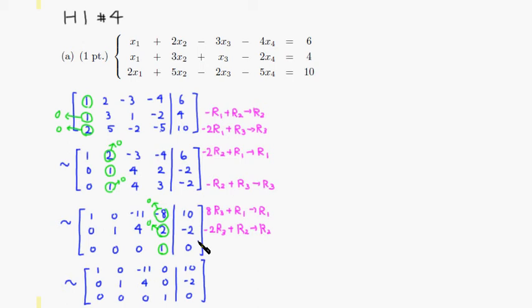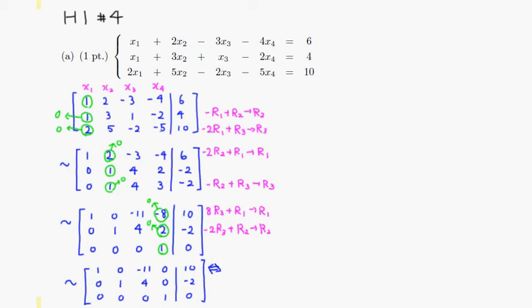Then what we want to do is, this is a reduced row echelon matrix, and we're going to turn this into equations. So the first row corresponds to this equation. Remember that the first column corresponds to x1, the second column corresponds to x2, the third column x3, and the fourth column x4, and this is the right hand side.